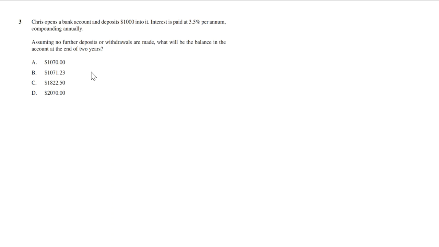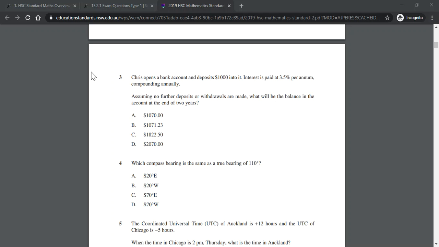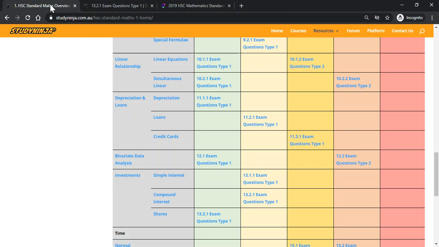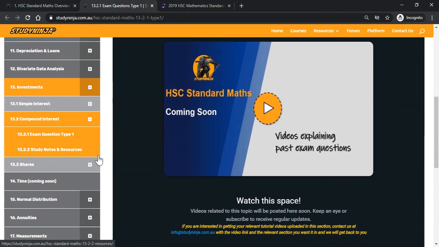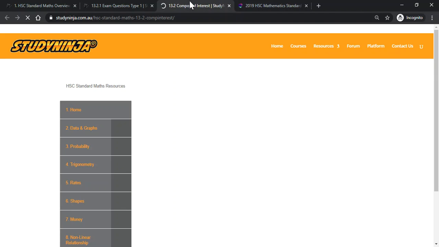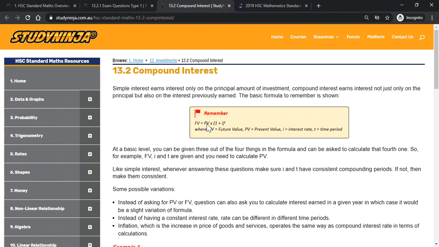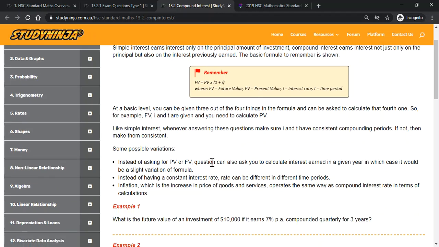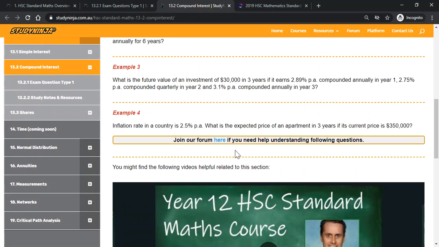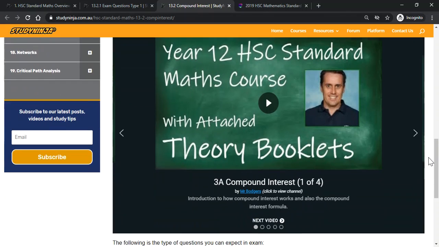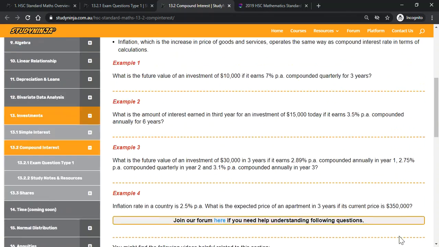Now to solve this, what you need to know is, let's actually get back to our website. On StudyNinja website under the topic of investments, if you go to the compound interest, let's open this in a new tab. This is the formula that you need to know. Let me take this formula out. So everything you need to know for this topic is explained over here, along with different kinds of questions and a video from Mr. Borges.